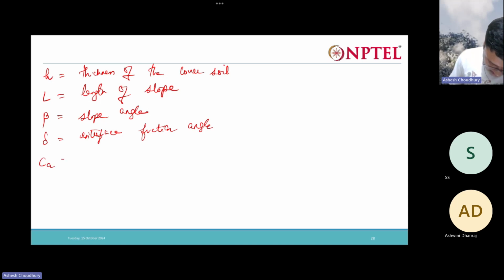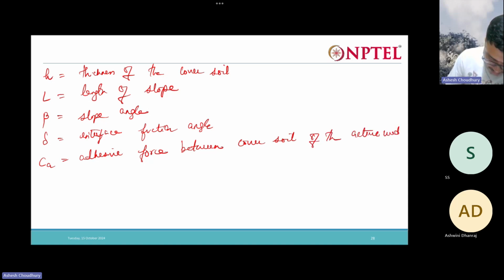Ca is adhesive force between covered soil of the active wedge and geomembrane, and small ca is the same, adhesion between.